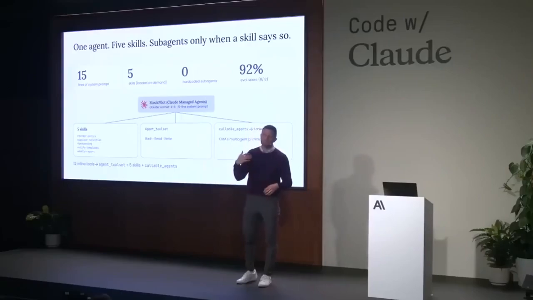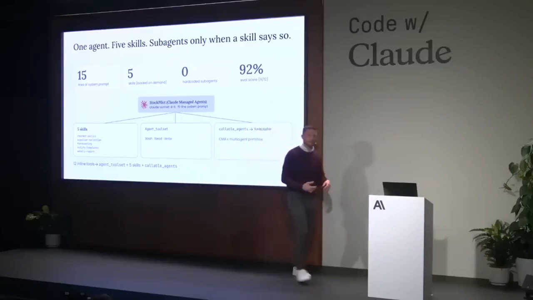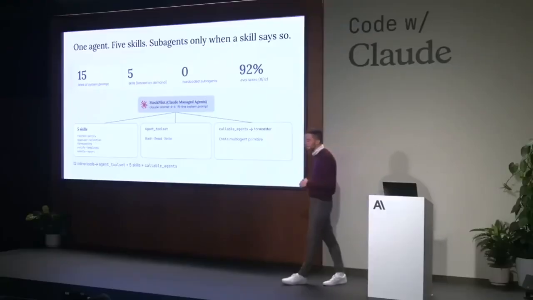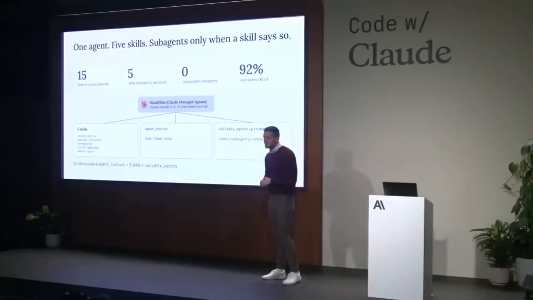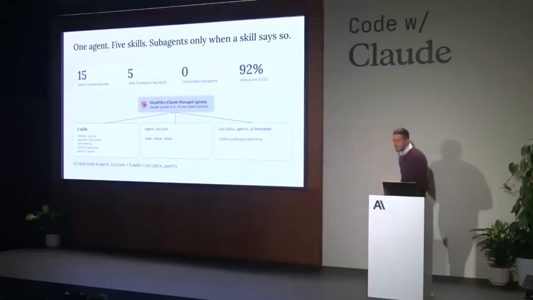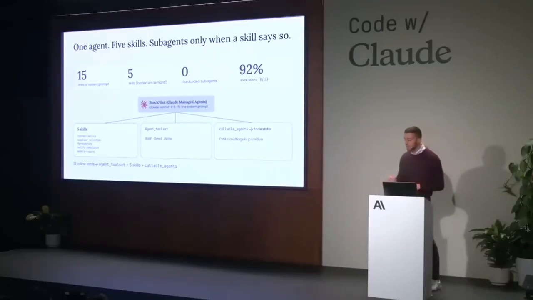As a result of this, we showed how we can then start hill climbing on evals to see improvements over time. So at the end of this, my eval score is about 92%. I've simplified my design. I'm leaning into some of the primitives that make Claude great. And I'm seeing the positive results after doing so.